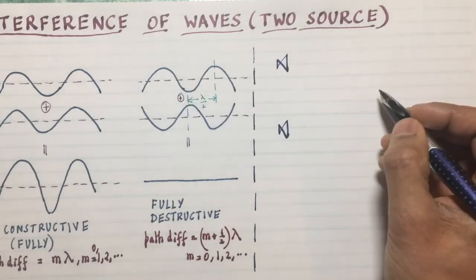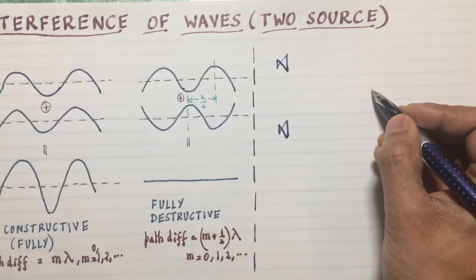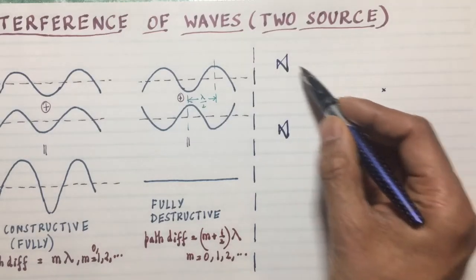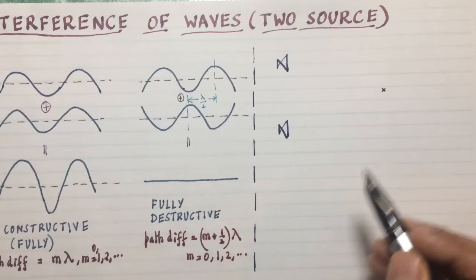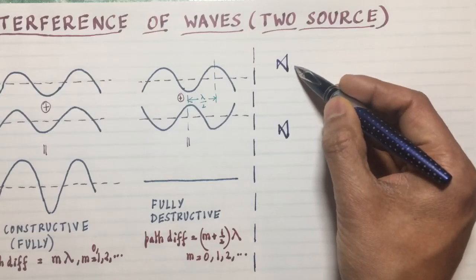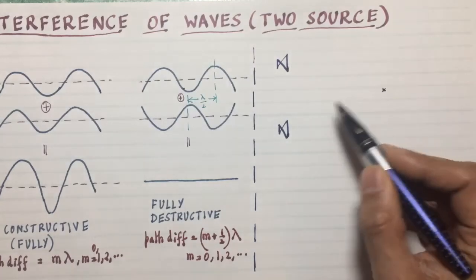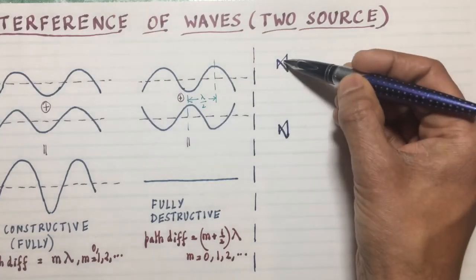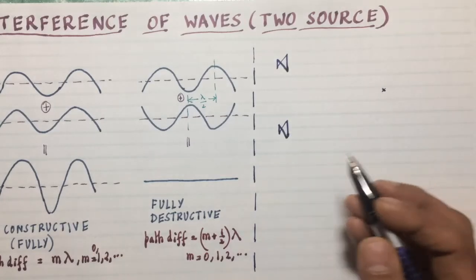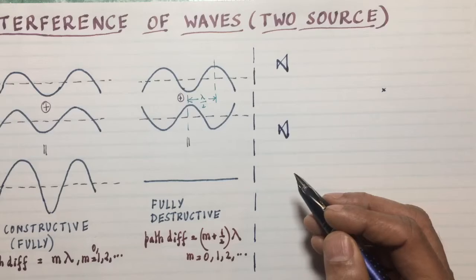Now everybody knows that the sweet spot is going to be somewhere here because the waves are going to come with no path difference, and so you'll get the best effect if you sit in a position where the line joining the speaker and you, and the speaker and you, and that speaker form an isosceles triangle. Some people swear by equilateral, but I think isosceles works just as well.